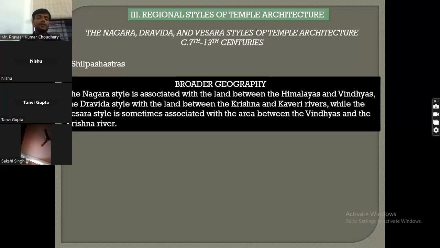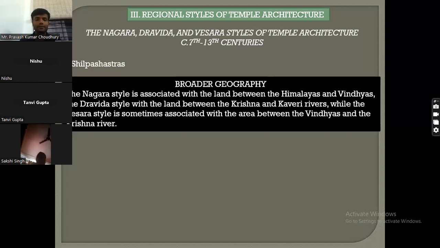Many of these temples are even in use for offering prayers to different deities. Mostly it was Shiv or Vishnu to whom these temples were dedicated, and they are still in use in many cases.